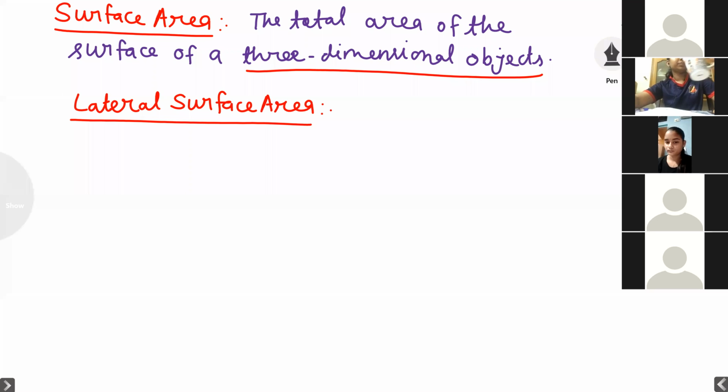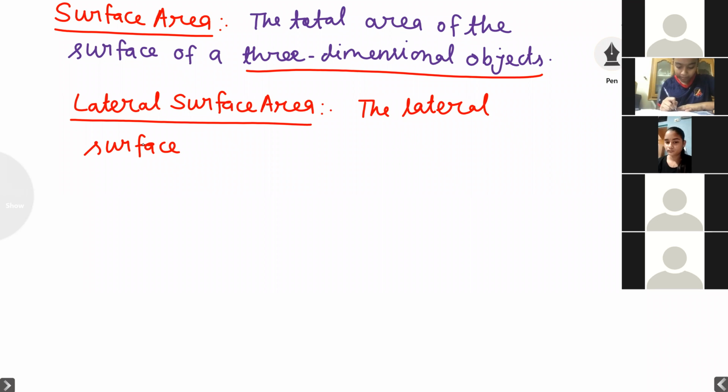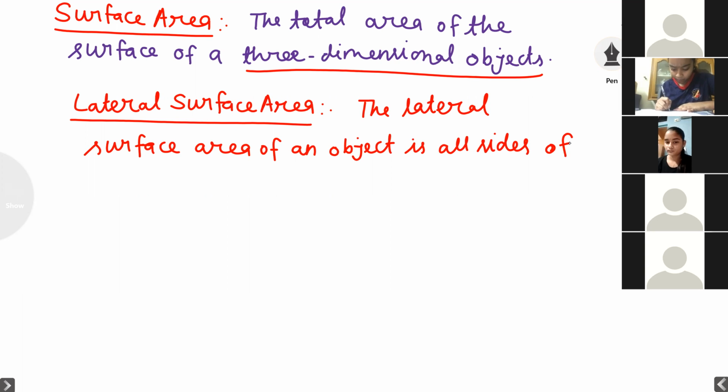The lateral surface area of an object is all sides of the object, excluding its base and top.